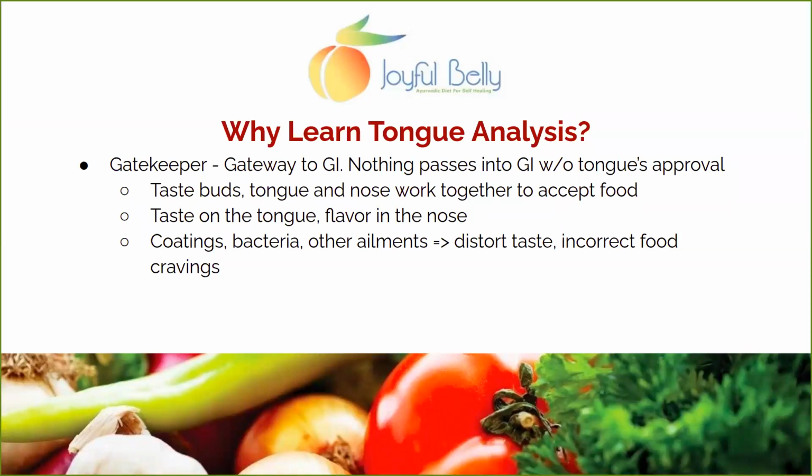So other things can distort taste on your tongue and lead to incorrect food cravings. A coating on your tongue, bad breath, even, can all distort taste. And so what we want to do is keep our senses strong in our body. All of our sense organs, we want them to be in tip-top shape so that it helps us make great decisions in our life.